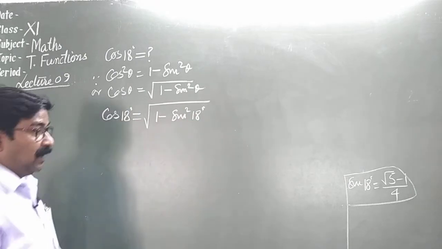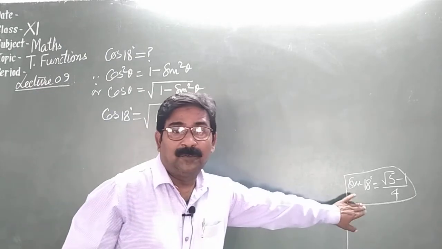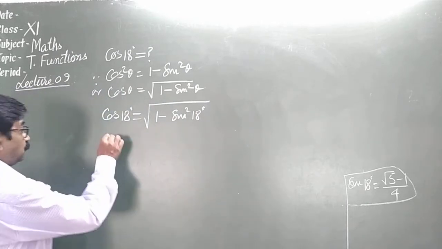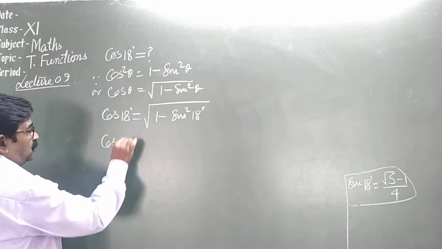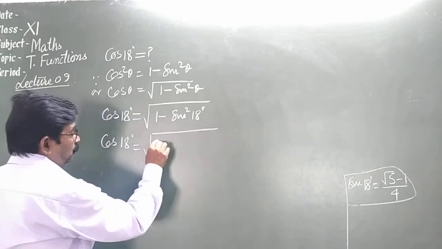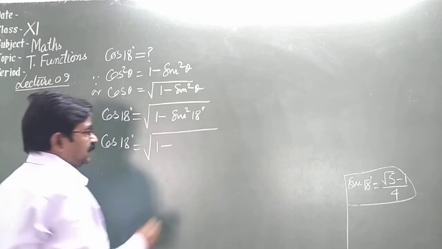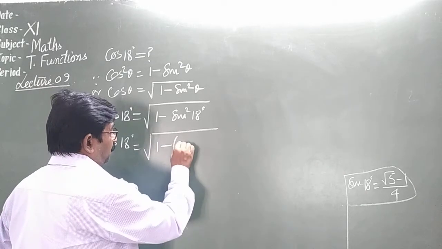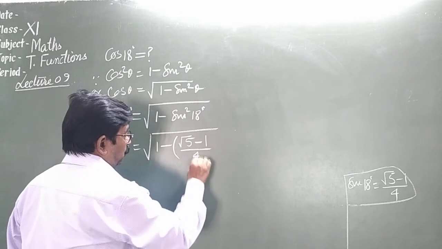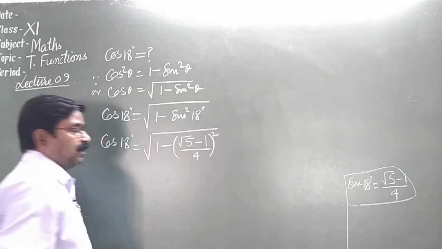Already we have got the value of sin 18 degree, so put the value of sin. Cos 18 degree is equal to under root 1 minus ((under root 5 minus 1) upon 4) whole square.